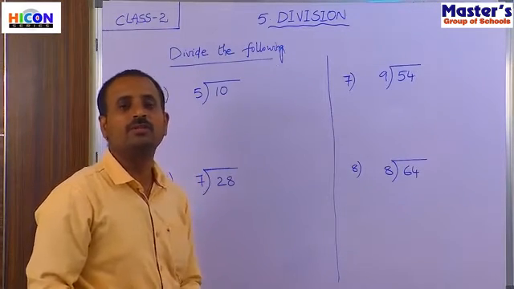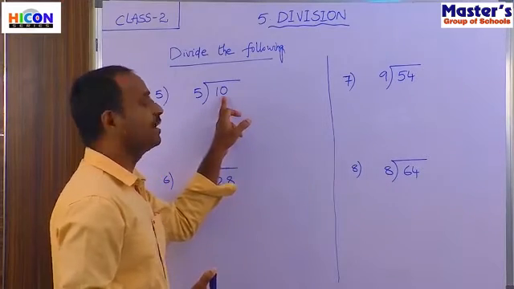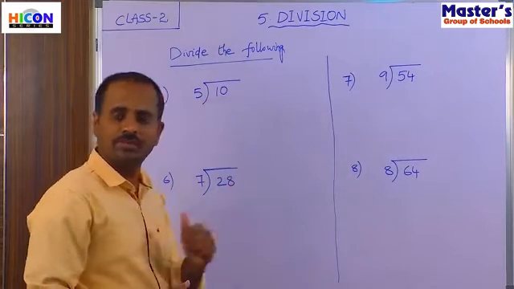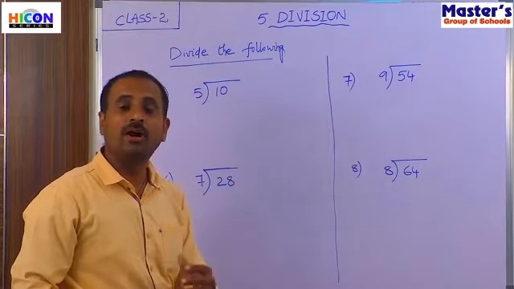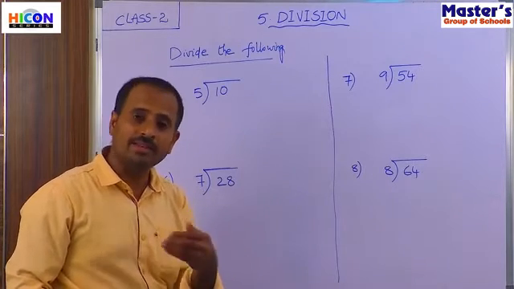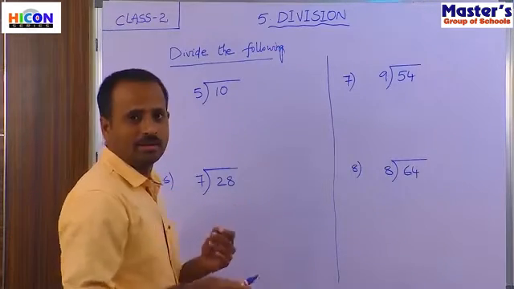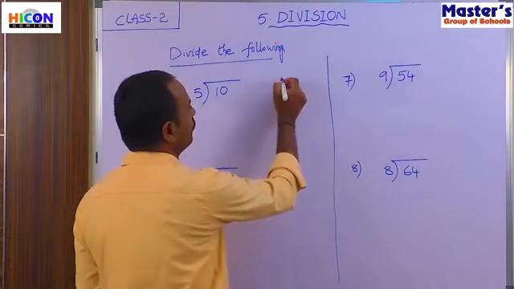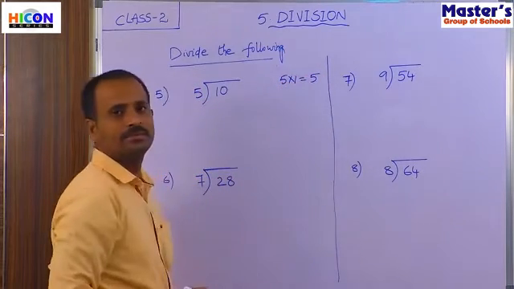How can we start the division? First, we have to find when the number 10 comes in the fifth table. That means we have to memorize or recall the fifth table. 5 ones are 5.